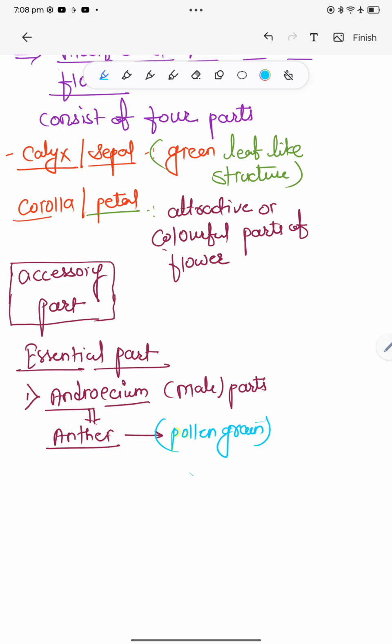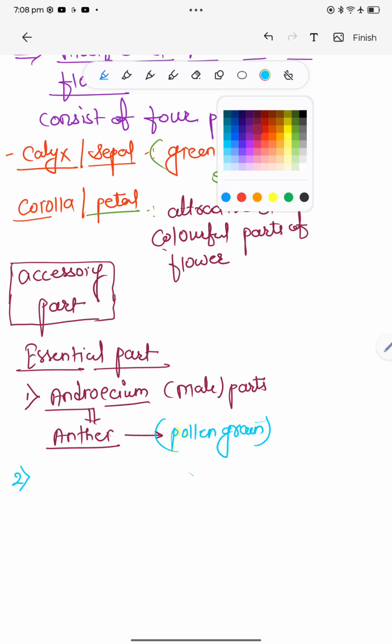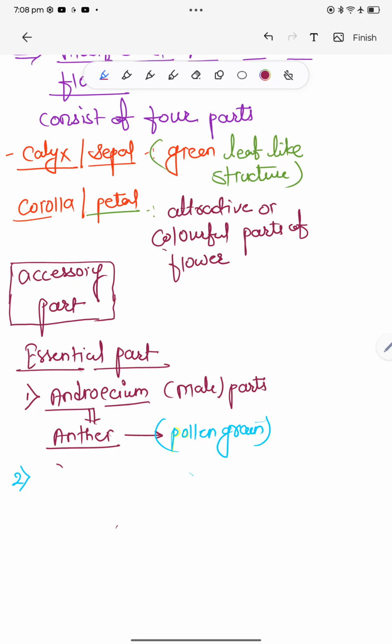Now the androecium is the male part, and the second part is the gynoecium, the female part.